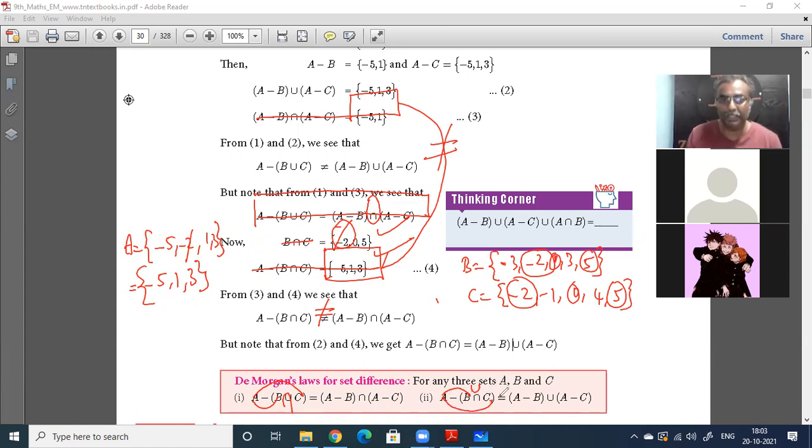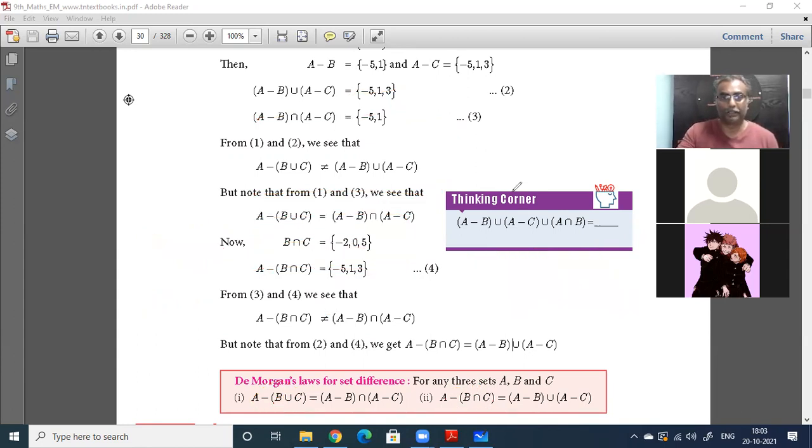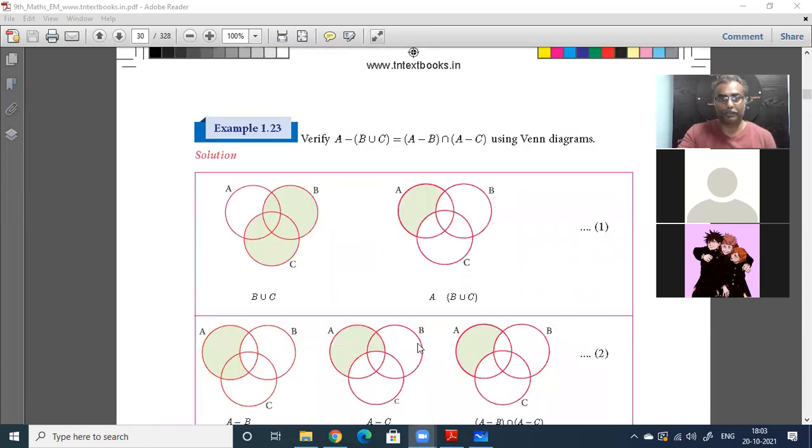That is the whole thing. Just like the distributive law, but ulta: intersection will become union and union will become intersection. That is very important to remember. You have made a very important discovery in De Morgan's law.